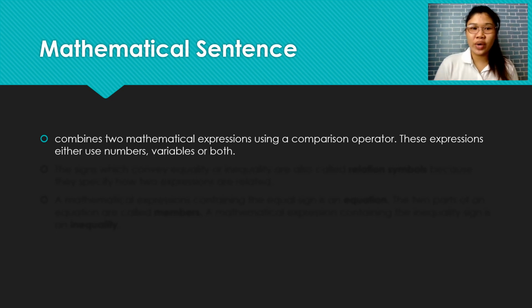So let's go here with mathematical sentence. This is defined as a combination of two mathematical expressions using a comparison operator. These expressions either use numbers, variables, or both, as long as it has a comparison operator. The comparison operator includes equal, not equal, greater than, greater than or equal to, less than, and less than or equal to.